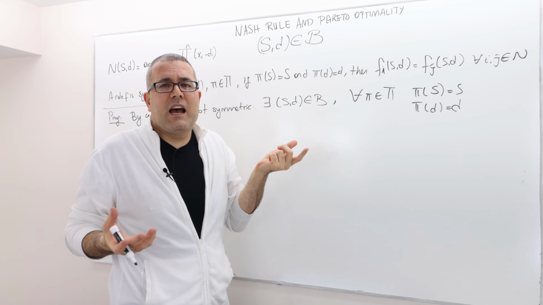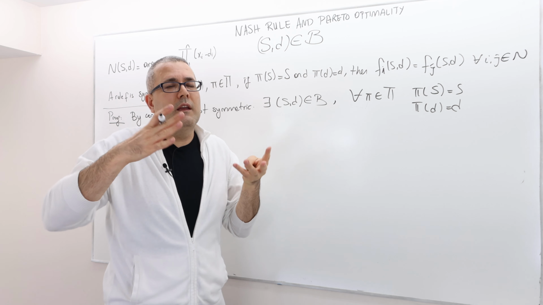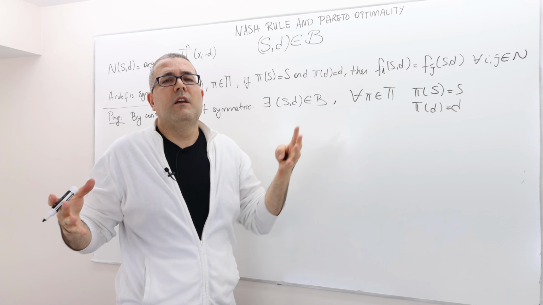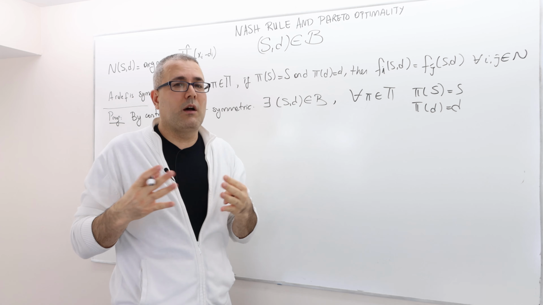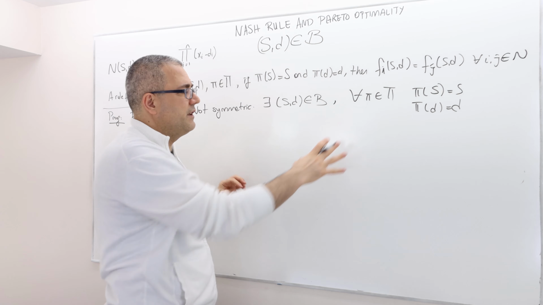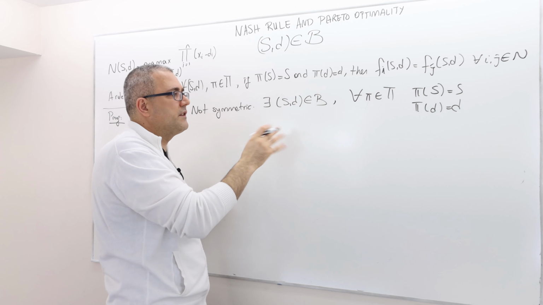So I cannot say the outcomes are not symmetric if I am looking at a bargaining problem that itself is not symmetric. So for that reason, I cannot say there exists pi. Okay, that was my mistake, and here is the reason.